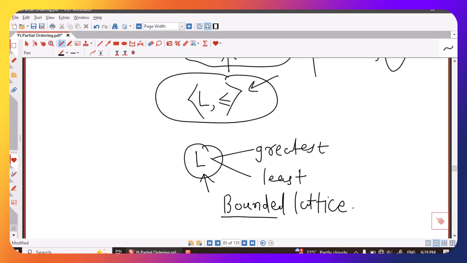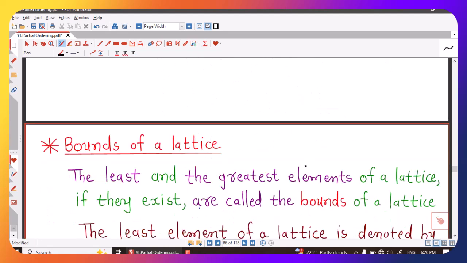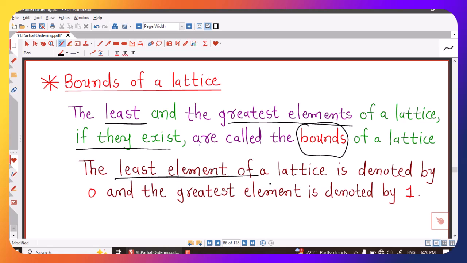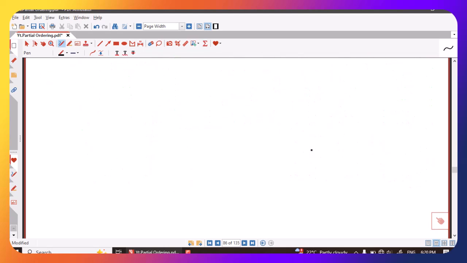So a bounded lattice is a lattice having a greatest element as well as a least element. The least and the greatest elements of a lattice, if they exist, are called the bounds of the lattice, and the least element will be denoted by 0 and the greatest element by 1.